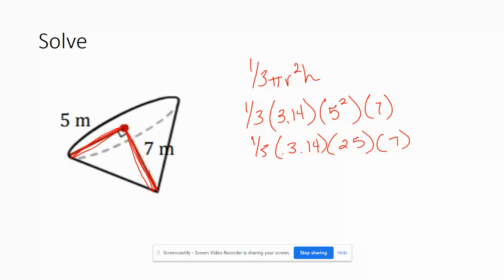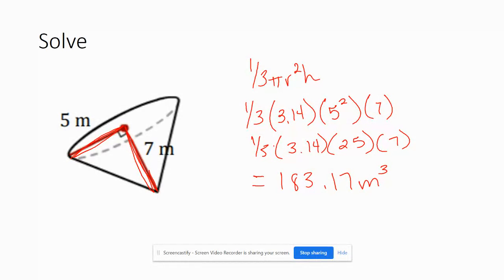I could take it even a step farther if I wanted to. I could say what's 1/3 times 3.14 and come up with a number, and then that number times 25, and then that number times 7. Or I can put everything in the calculator if your calculator can do that at one time. If you calculate 1/3 times 3.14 times 25 times 7, you get 183.17 meters cubed.